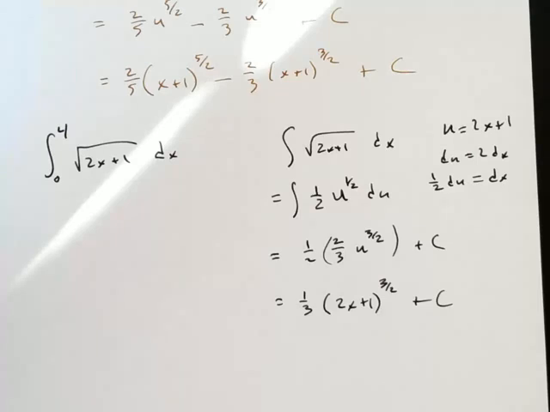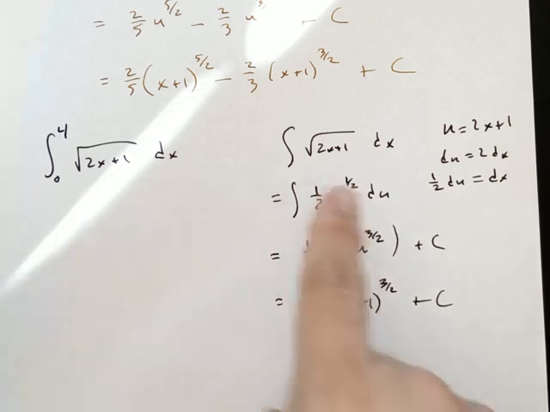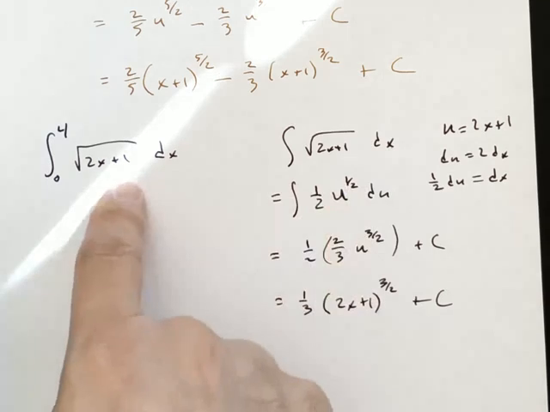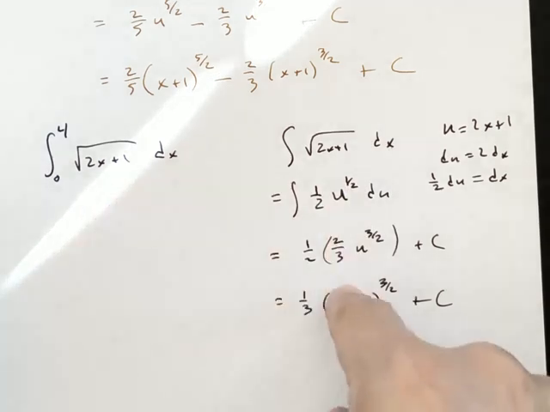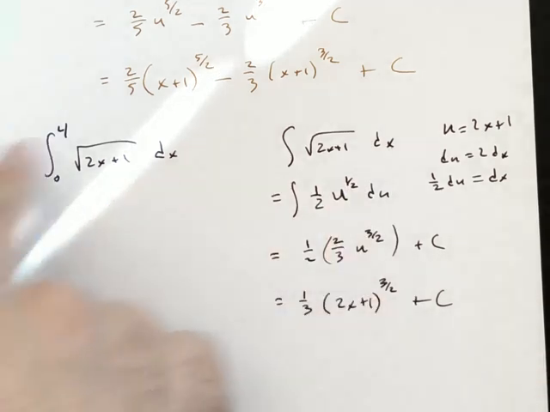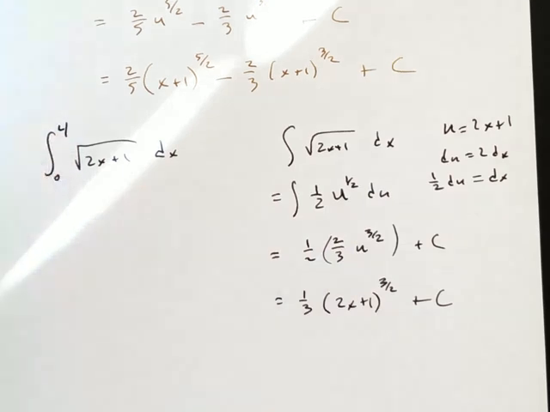So far, so good? I haven't done anything different than what we did before. But that's not the problem I was asked to do. I was asked to do this problem. So now that I have this, how do I do this?